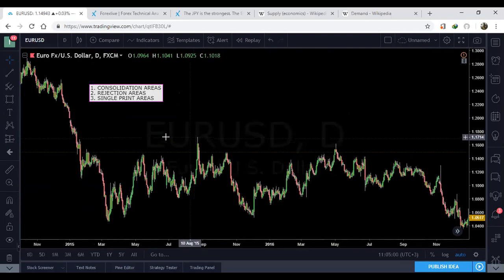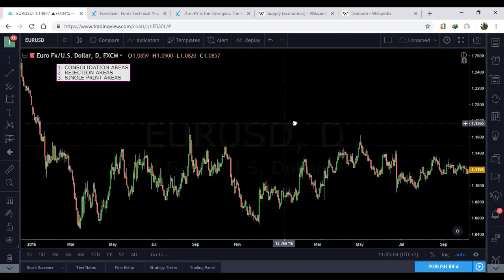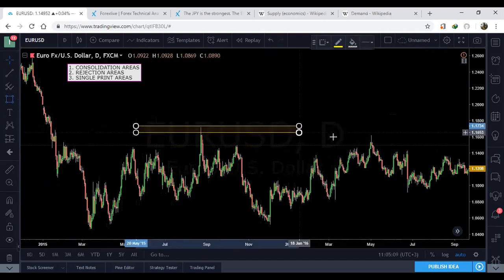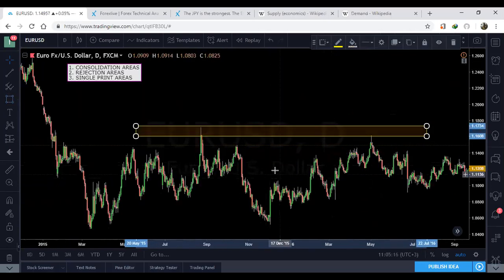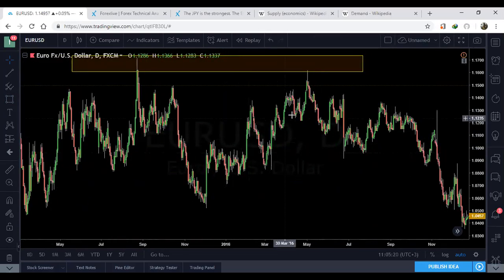As you can see, this area here, price was only rejected once, and then it pulled away. This becomes our area of interest. As you can see, it became an area of supply for a while. Price came, rallied up, went down for a long time.